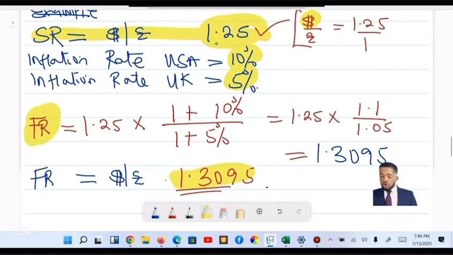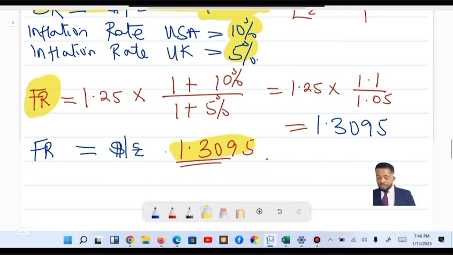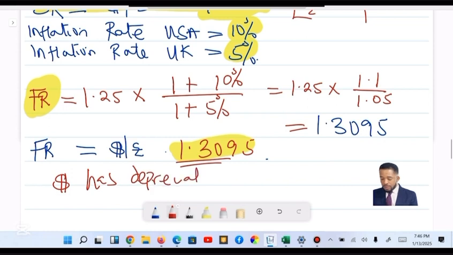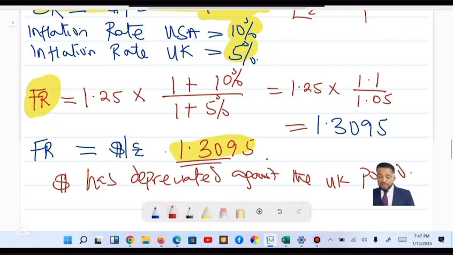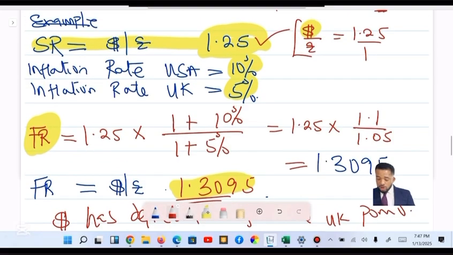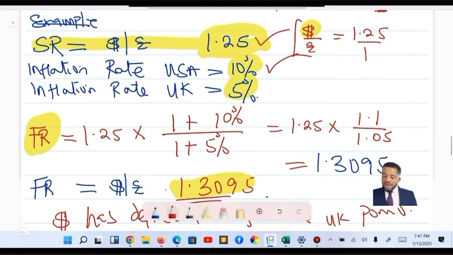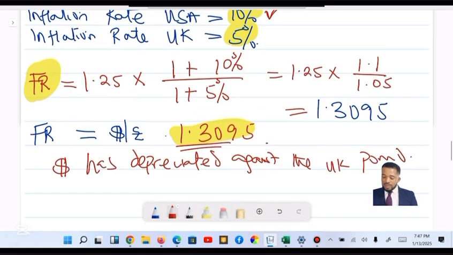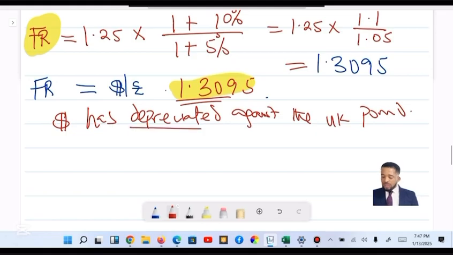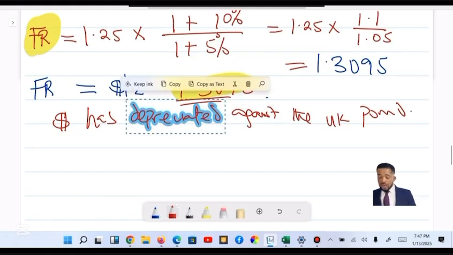We have a spot quote of 1.25 and now it's 1.3095, which means that dollar here has depreciated against the UK pound. Why is that? Simply because the inflation rate in the USA is higher. So the country that has a higher inflation rate would definitely have its currency depreciating against the counterparty.